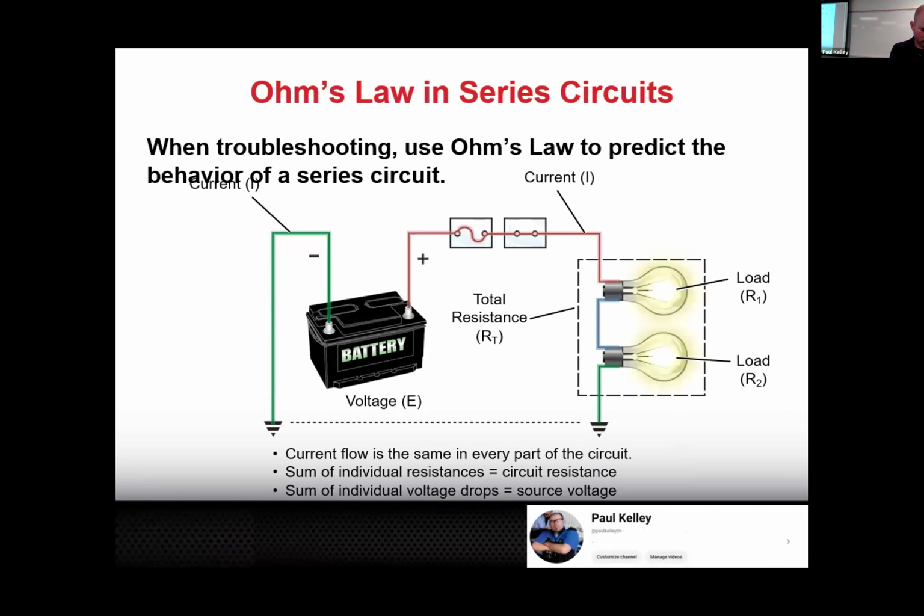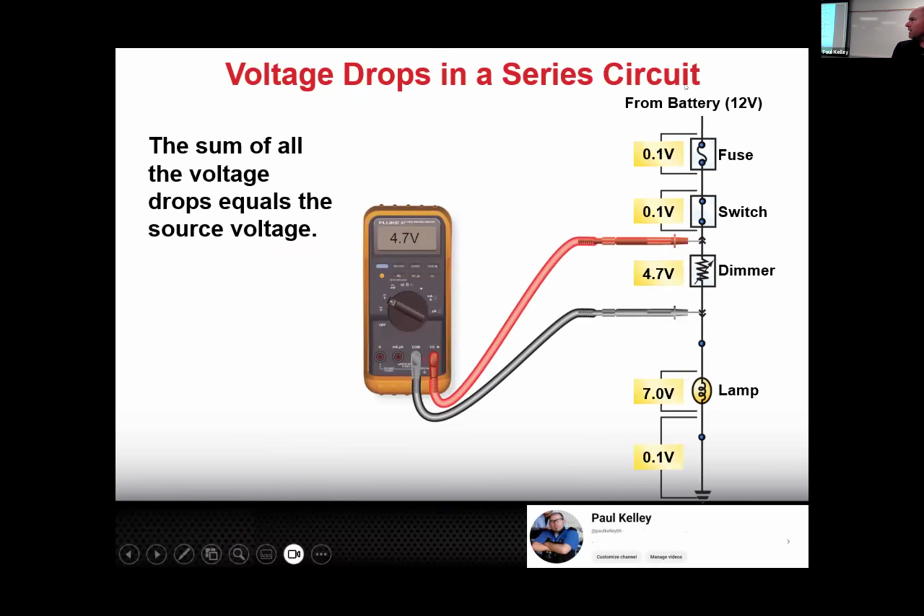If your source is 12, and then you were to add how much voltage dropped at each thing: 0.1 at the fuse, 0.1 at the switch, 4.7 at the dimmer, 7.0 at the lamp, the load, 0.1 on the ground, do you know what that total will be? Exactly. So Kirchhoff's law just says every voltage drop added up will always drop the full source. It's just the way it is.